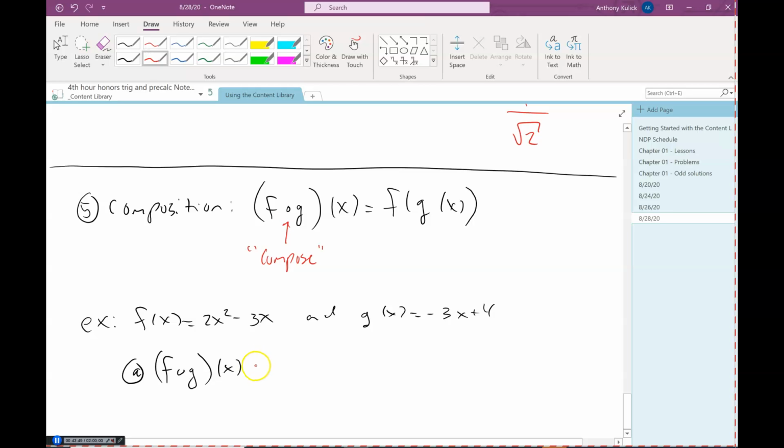Okay, so f of x is 2x squared minus 3x, and g of x is negative 3x plus 4. So I know that my definition for composition says that this is equal to f of g of x, and I substitute in my g of x.